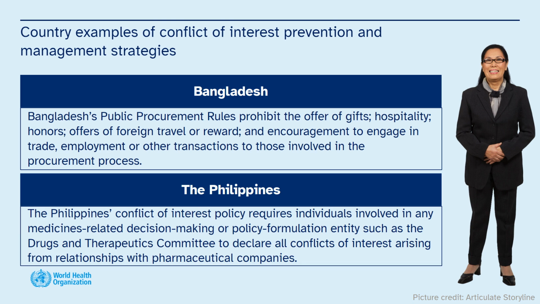The Philippines' conflict of interest policy requires individuals involved in any medicines-related decision-making or policy formulation entity, such as the Drugs and Therapeutics Committee, to declare all conflicts of interest arising from relationships with pharmaceutical companies. The Department of Health's management options may include assigning staff to non-conflicting duties, excluding them from the policy development or evaluation process, or requiring them to sever their relationships.